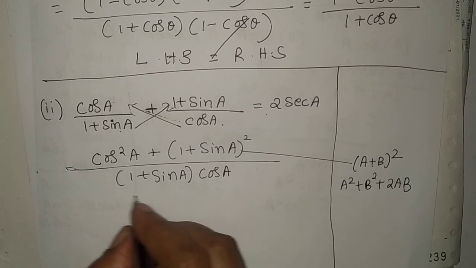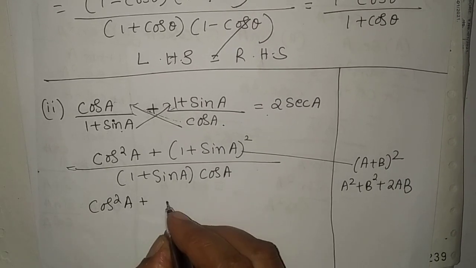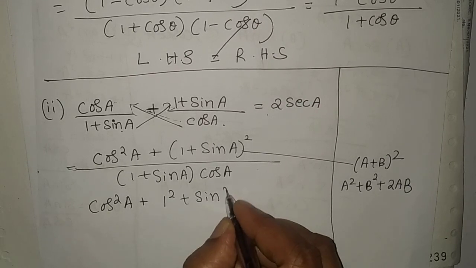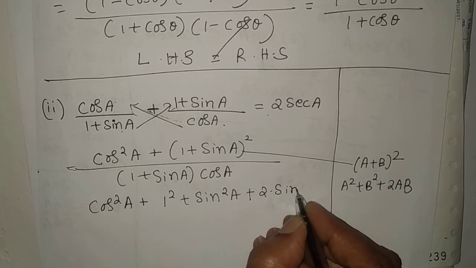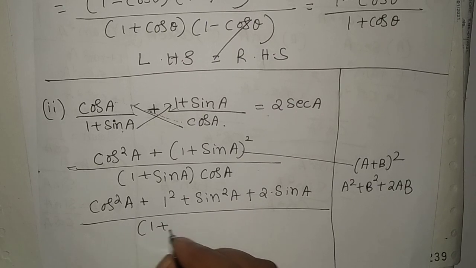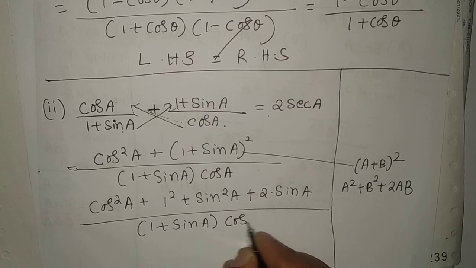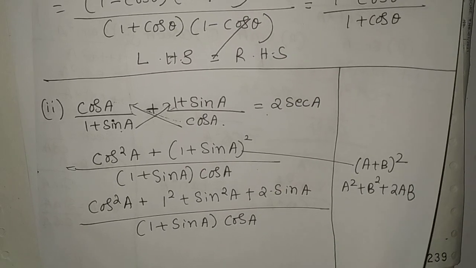So cos square A as it is, plus 1 square plus sin square A plus 2 into sin A. Write out the denominator as it is, that is 1 plus sin A into cos A. Now we continue in the next.